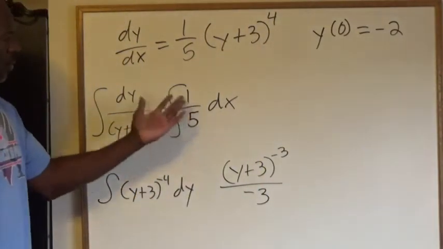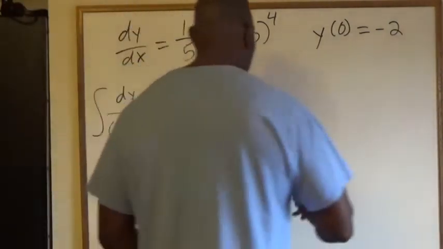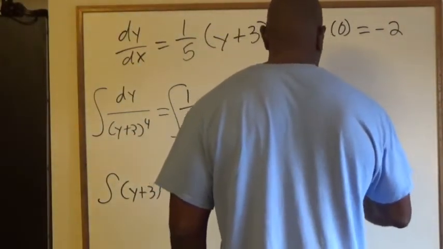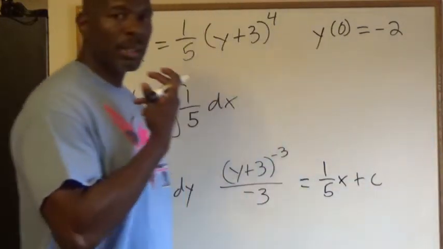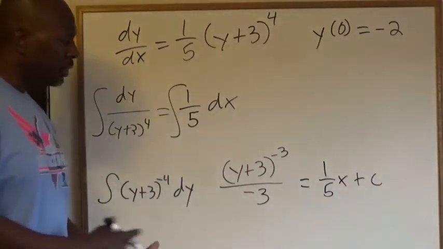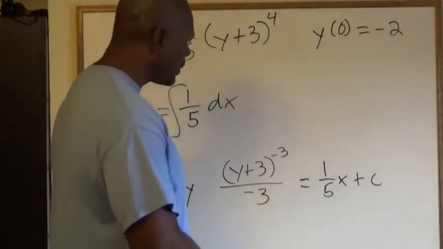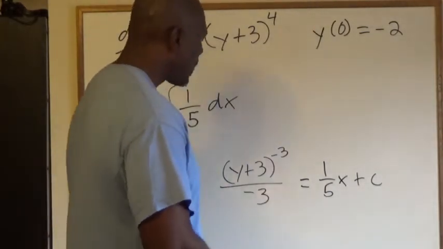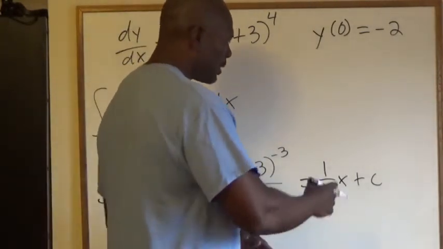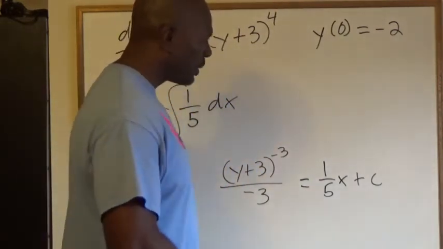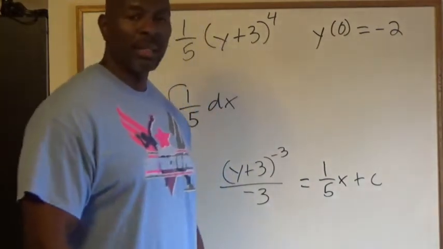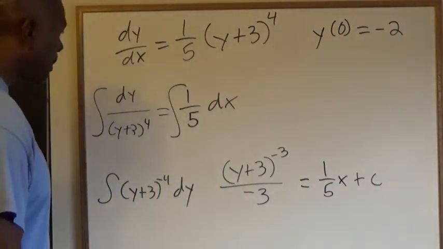And of course the integral of 1 over 5 dx is 1 over 5x plus some constant. I'm pretty sure you're aware, I can put the constant on the left, I can put the constant on the right, I can put the constant on both sides. Generally, we just like to put just one constant on the right.